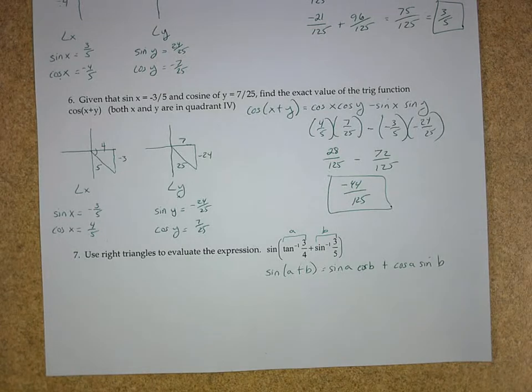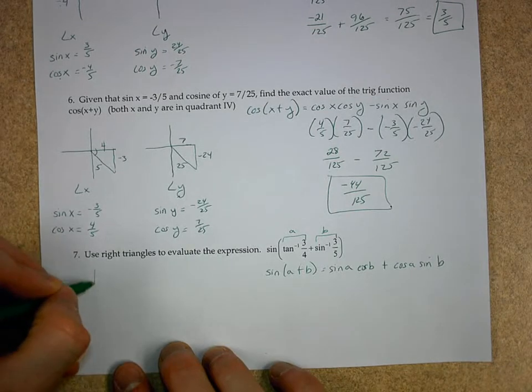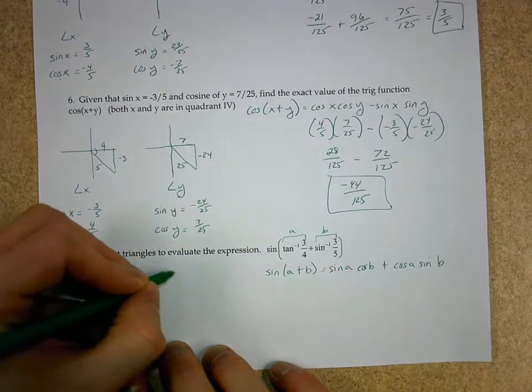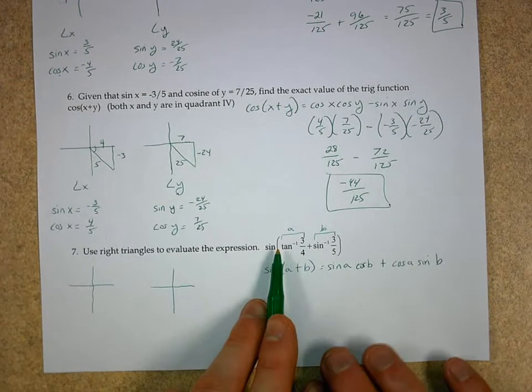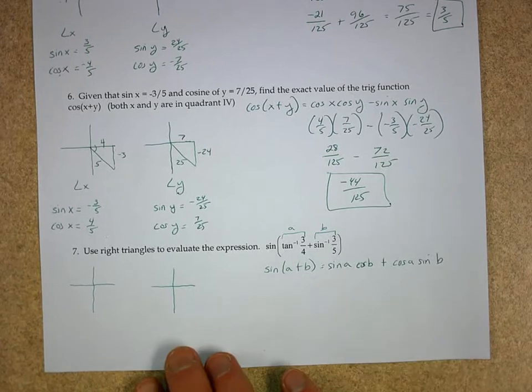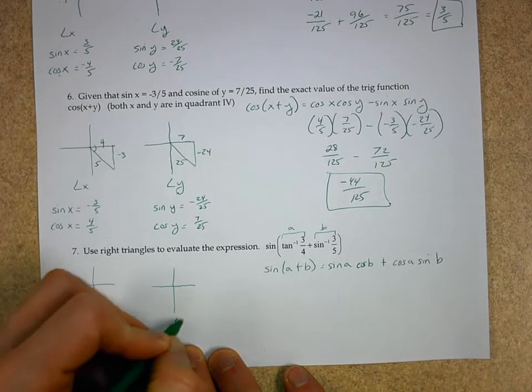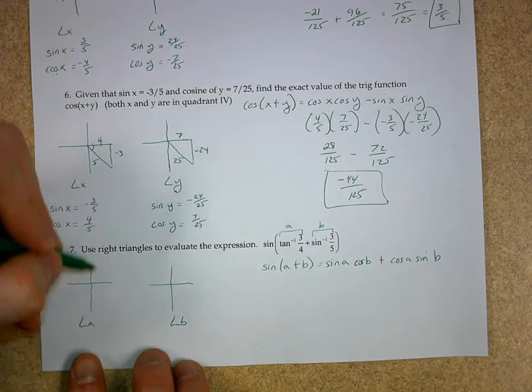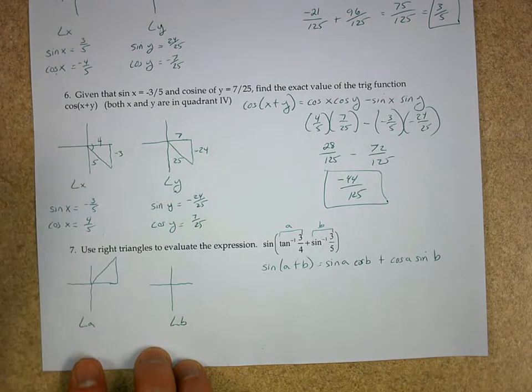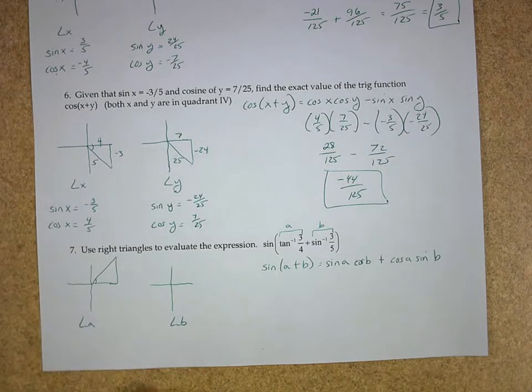And in order to figure out what sine and cosines are, I need to create reference triangles once again. So here I've got angle A, there I've got angle B. So angle A and angle B. And I'm told the tangent inverse is going to be 3/4.